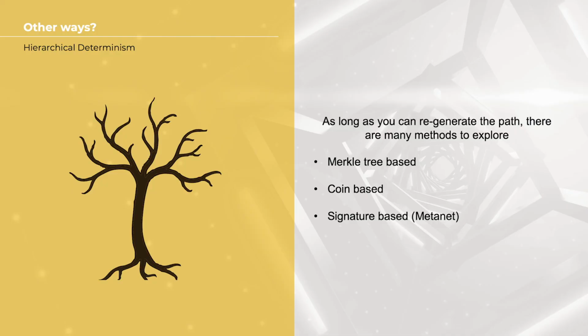You can follow a particular UTXO as it transitions through a set of transactions, or in the MetaNet, you can do a signature-based tree. You can use BIP32 addressing trees in the MetaNet, but you don't need to. You can do anything you like, as long as you have a means to always find your way back to where you were. And I think that's the key thing to understand.